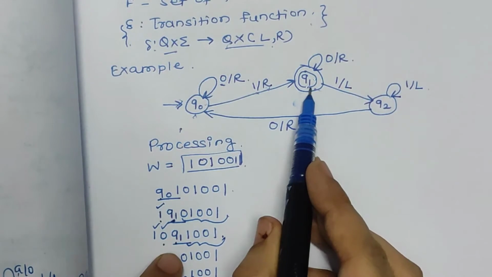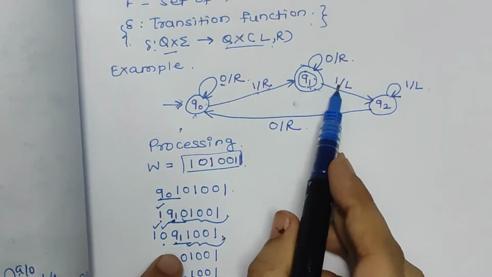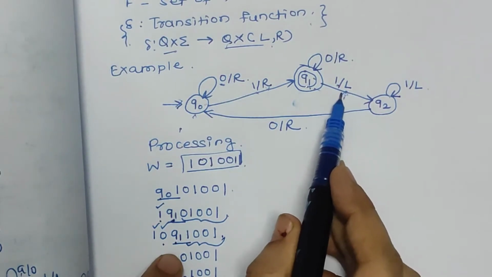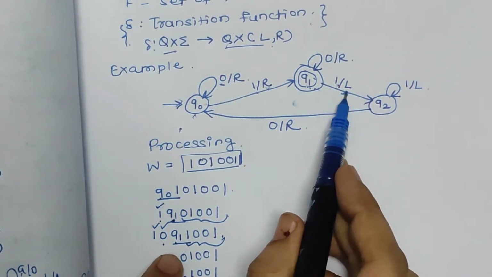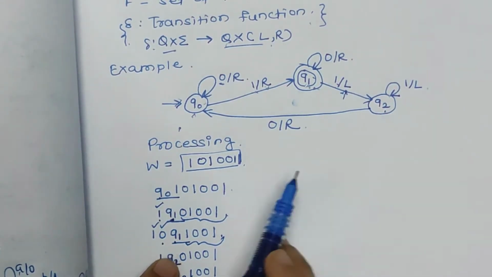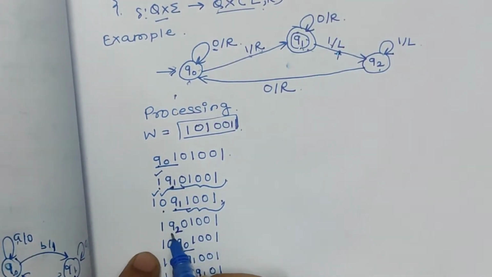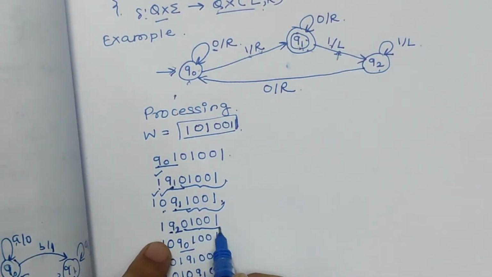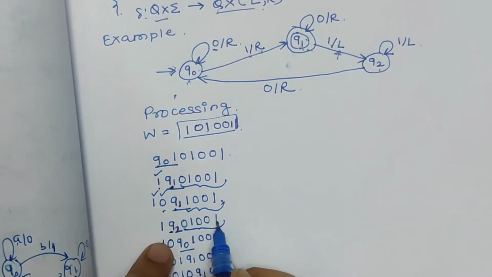In Q1, if we provide 1 as input, the tape head will move towards left and we will go to state Q2. So we are in state Q2 but the head has moved to the left, and the part to be processed is from 01001.